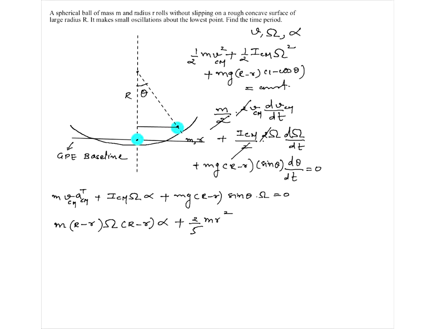Two by 5 m r square. Let's cancel m. Let's cancel omega.